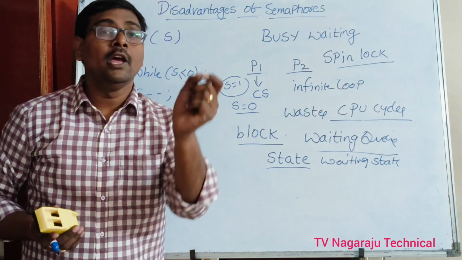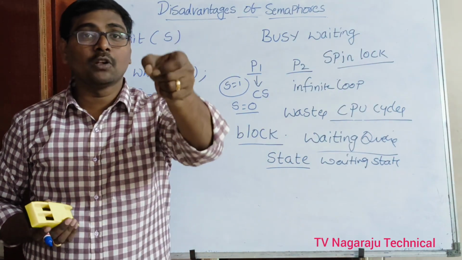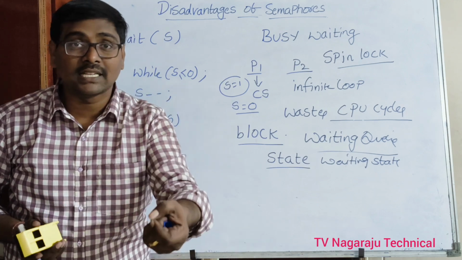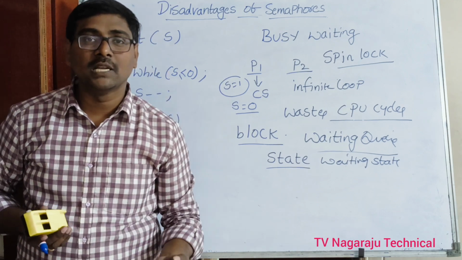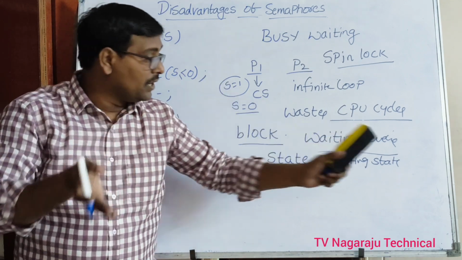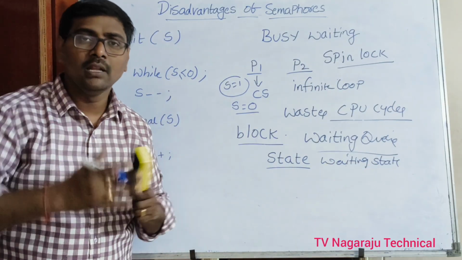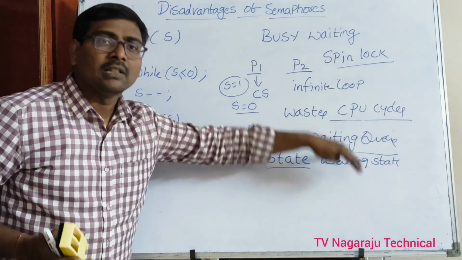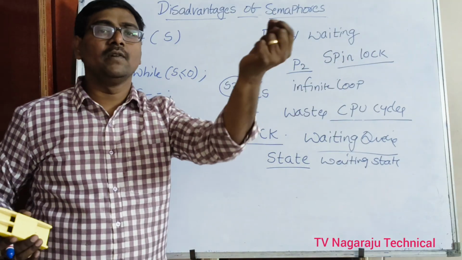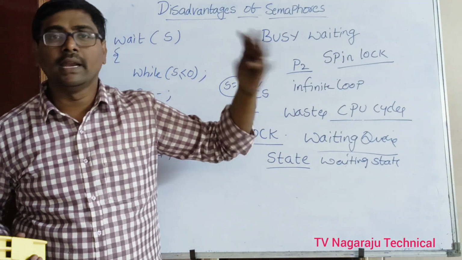What happened? Whenever we change the process into the waiting state, it does not waste the CPU cycle. That means if it is in the waiting state, it is not running. The remaining thing, what happened? The CPU scheduler selects any one process from the queue and does the remaining operations.